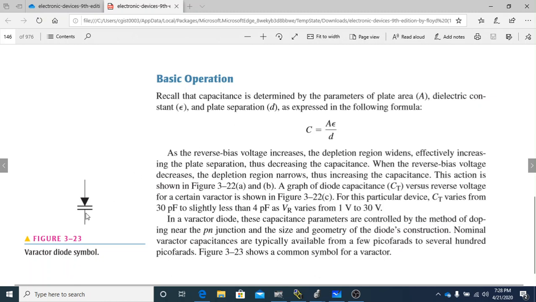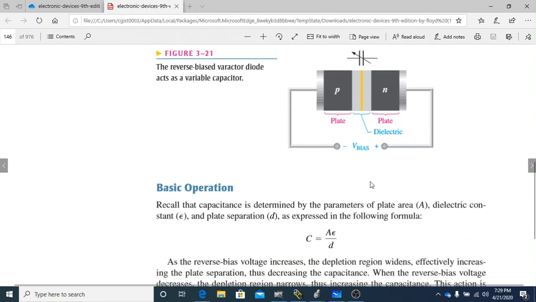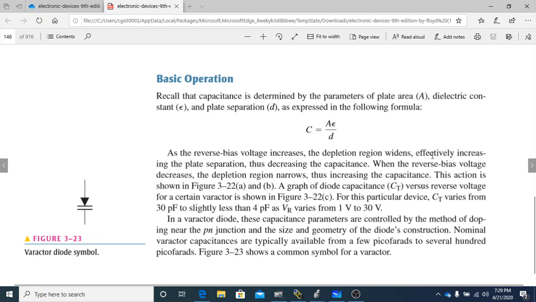Okay, and this right here is an actual symbol for a varactor diode, in figure 3-23. So as the reverse bias voltage increases, the depletion region widens. As this V bias increases, because of that, this depletion region widens, effectively increasing the plate separation.